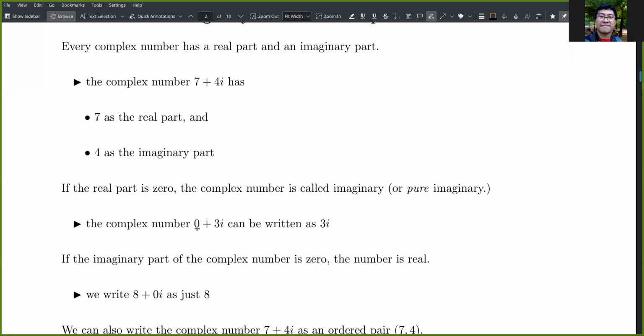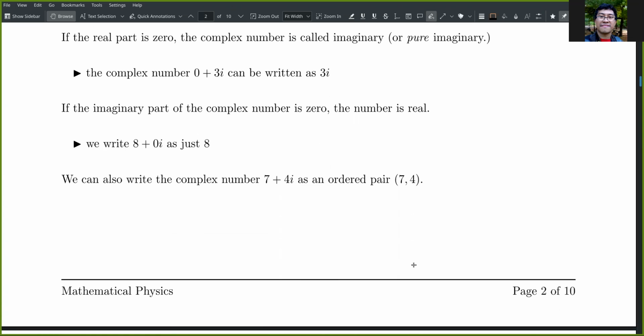For example, if you have 0 plus 3i, the real part is 0, and this can be written simply as 3i. If the imaginary part is 0, for example 8 plus 0i, we can simply write it as 8, and it is a real number.